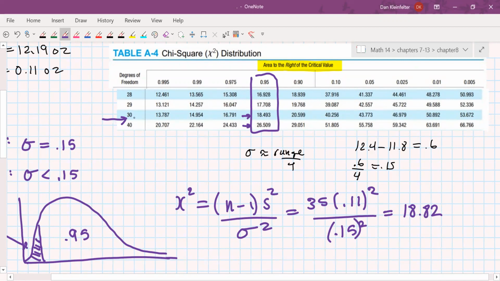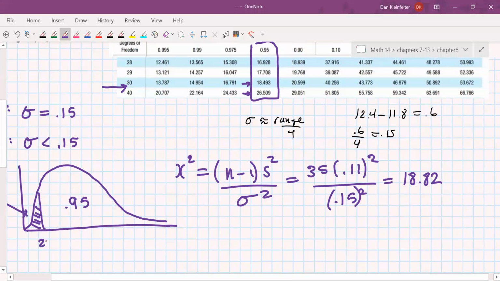Between 30 and 40, if we take the mean of 18.493 and 26.509, for lack of something better to do, that would be about 22.501. That's probably not accurate for the exact critical value, but it is enough for us to make a decision.